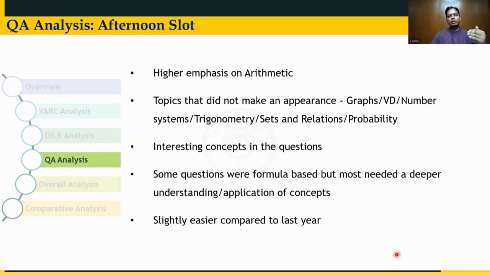This year, the number of questions within the reach of an average student would have been slightly on the higher side. So 2-3 questions more they could have probably looked at, and they wouldn't have felt so intimidated, especially because the algebra content or the complexity of the questions was relatively less. The arithmetic was emphasized more. That would have given it an easy feel, at least, we would say.